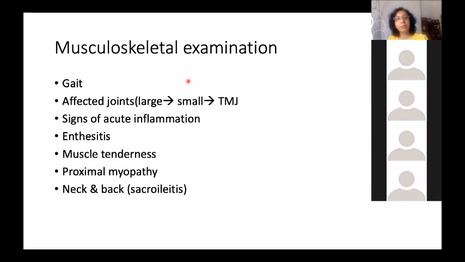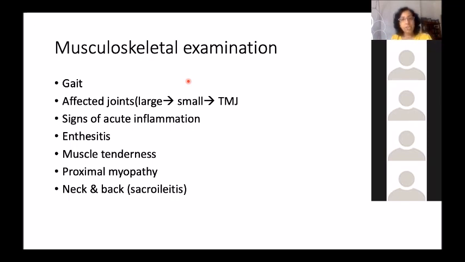So you may start off with the gait of the child. If the child is able to walk, right, then you can see how incapacitated the child is. However, if the child is in pain and she's reluctant to walk, never get the child to walk; you can mention to the examiner that the child is reluctant to walk because of the pain.